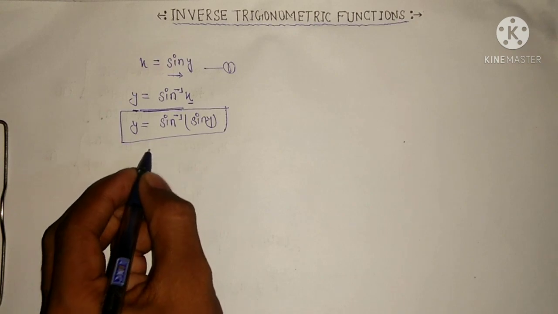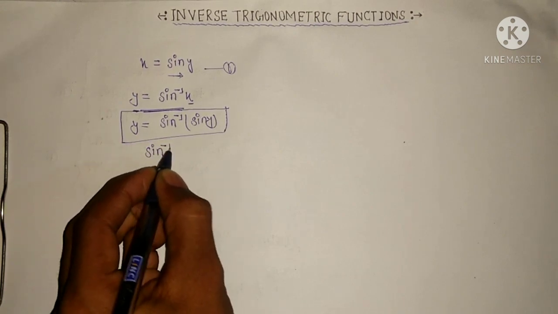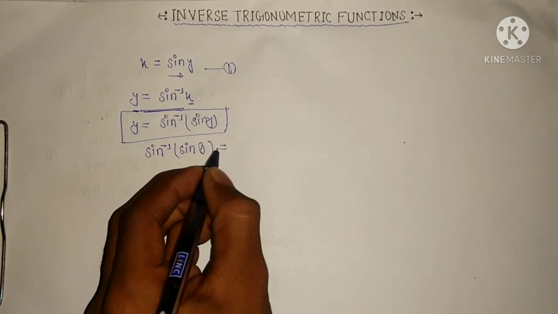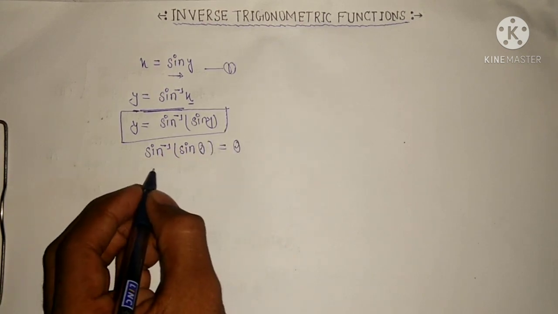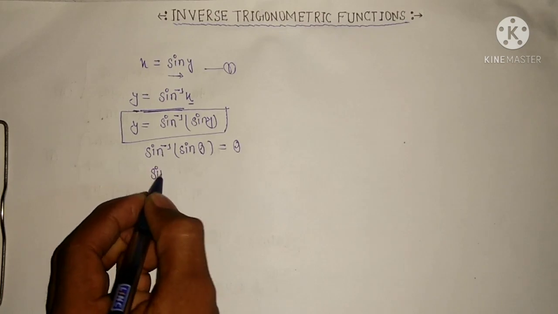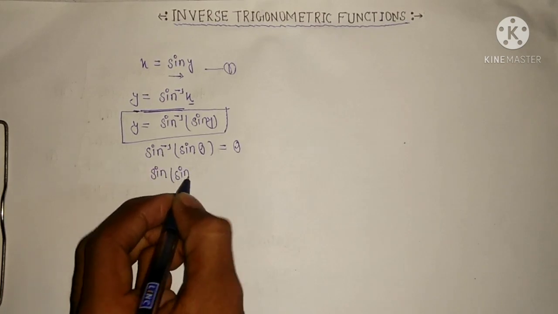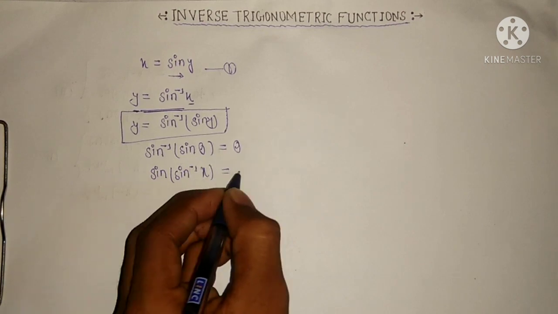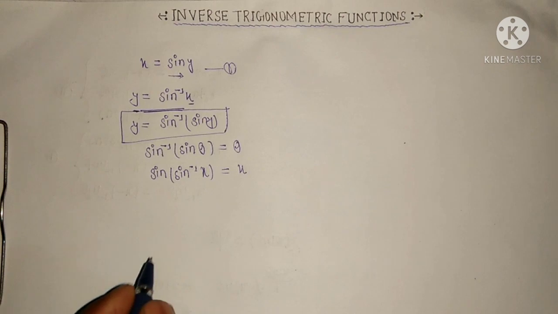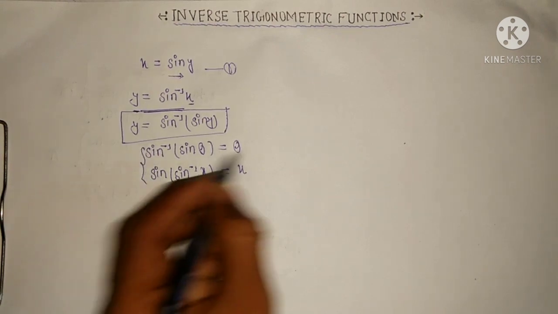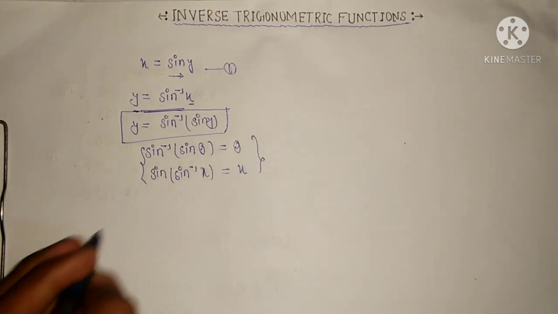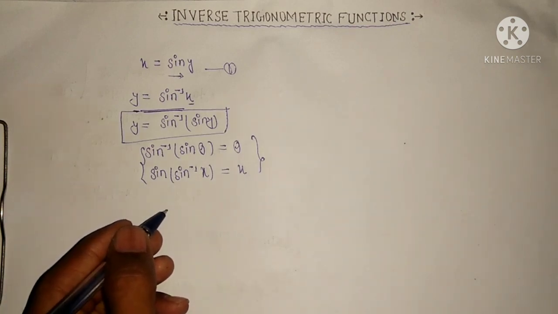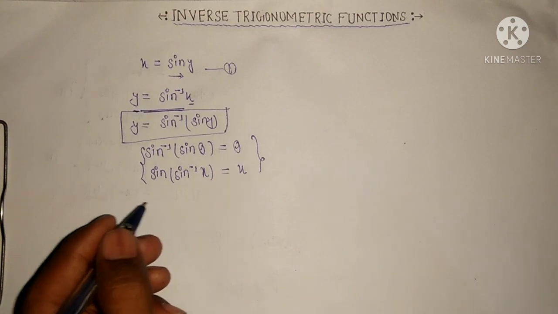That means if you have sine inverse sine theta, it becomes theta, and if you have sine of sine inverse x, it becomes x. So this is the main formula, and next we will talk about the domain and range of the inverse trigonometric functions.